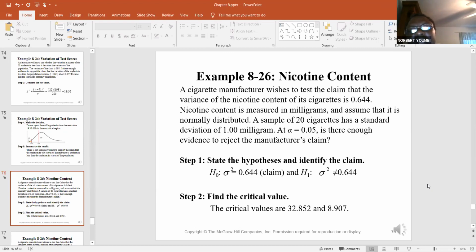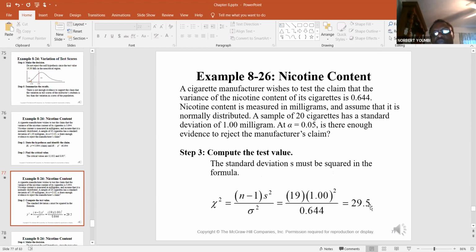Using the method that we had, alpha equal to 0.05 divided by 2, you get 0.025, subtracting from 1, you get 0.975. Using the degree of freedom of 19 and matching it with those two values, 0.975 and 0.025, we will get the critical values 32.852 and 8.907.